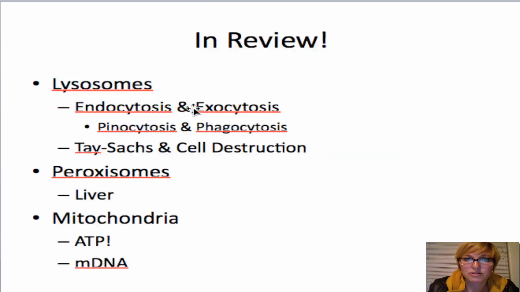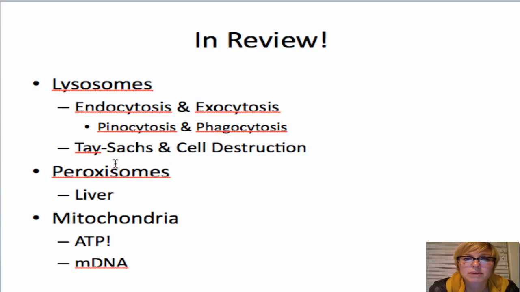So in review, we talked about lysosomes, and we talked about how they work with the processes of endocytosis and exocytosis. We also talked about how pinocytosis is when small molecules are engulfed or released by the cell, and phagocytosis is when large molecules are engulfed or released by the cell.